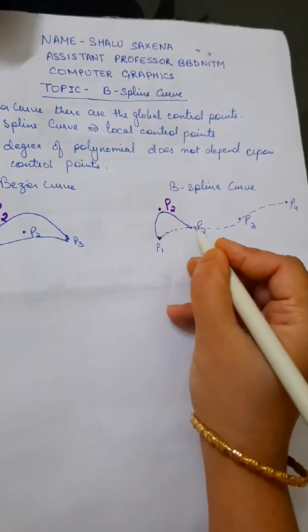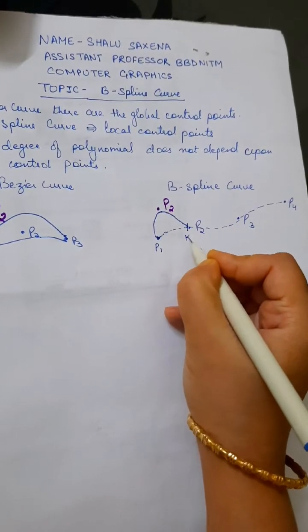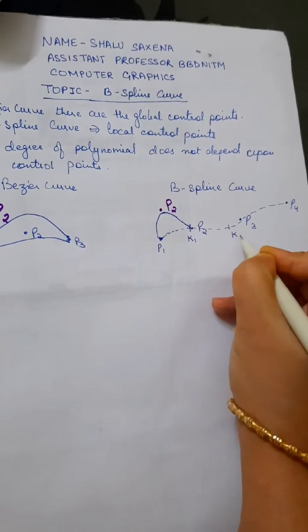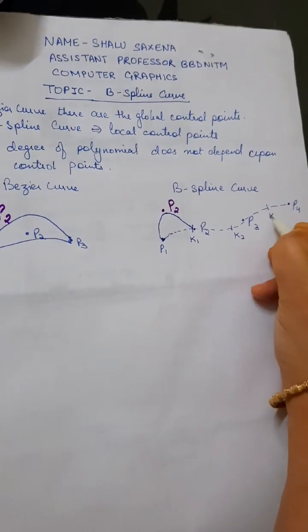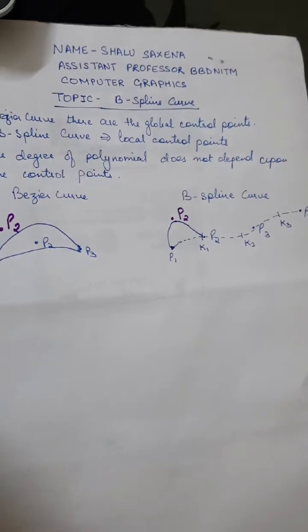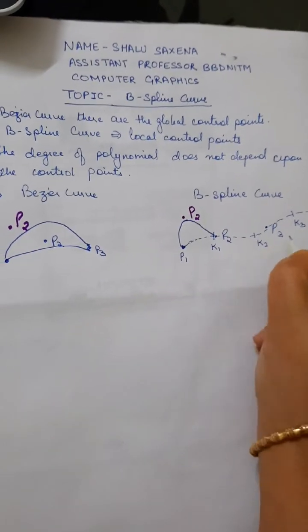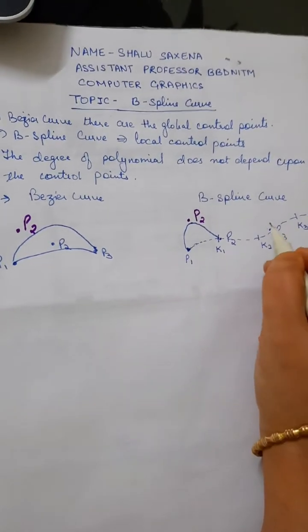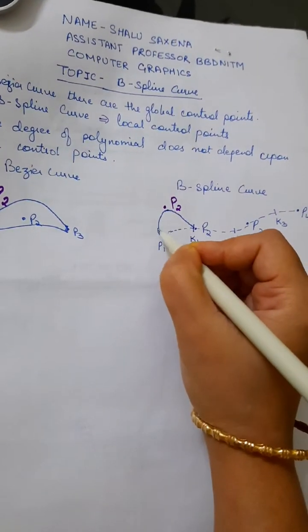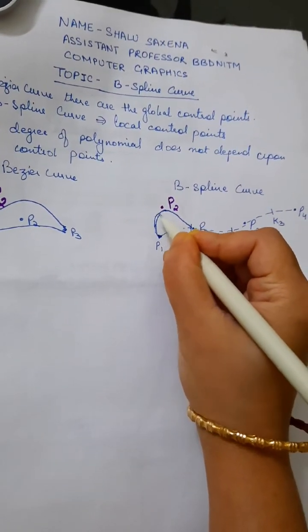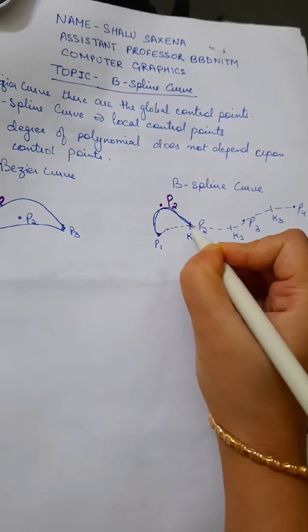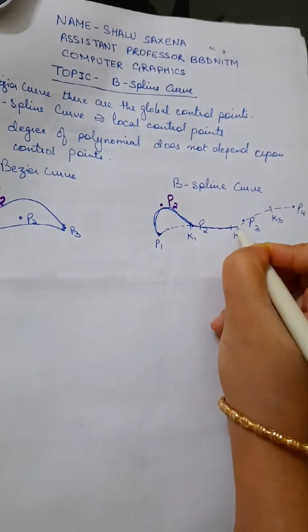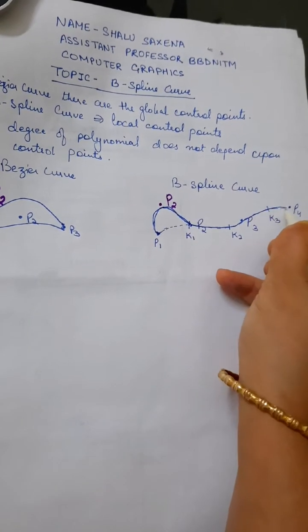these curves are divided into knot vector, that is K1. The whole curve is divided into knot vectors. So if we divide the whole curve into knot vectors, only that part of the knot vector curve changes, and the whole curve is totally unchanged.